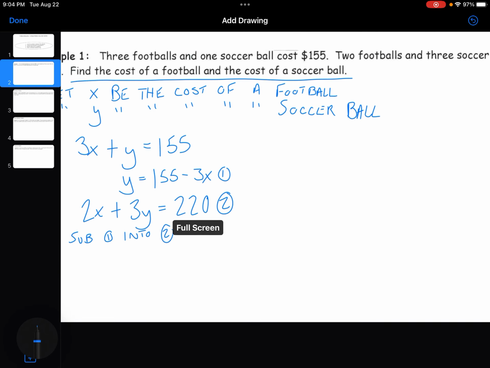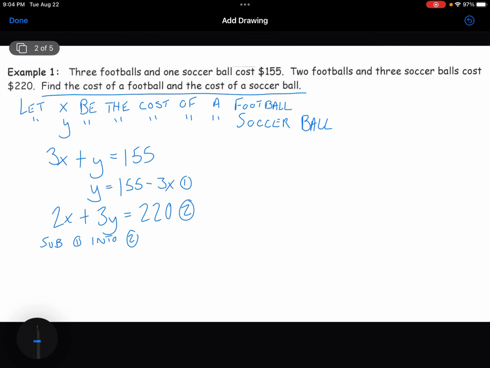Now what we're going to have when we sub 1 into 2 here, we're going to get 2x plus 3 times 155 minus 3x equals 220. Now this is the part that I said you always want to use brackets when you're doing the substitution, because we don't want to ever forget that minus 3x is actually multiplied by the 3 as well, and it's becoming negative.